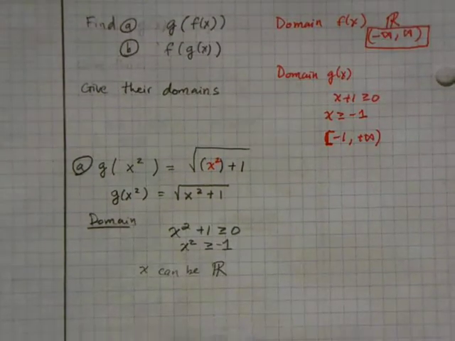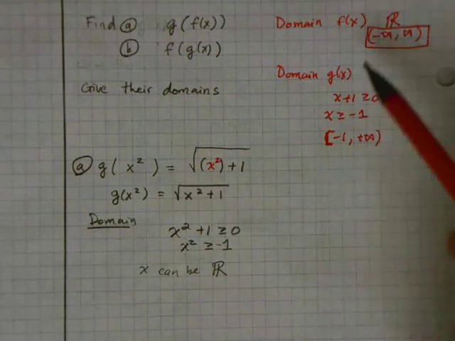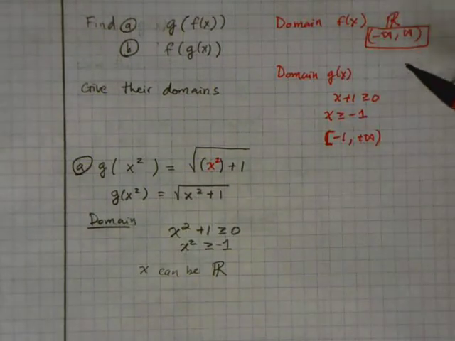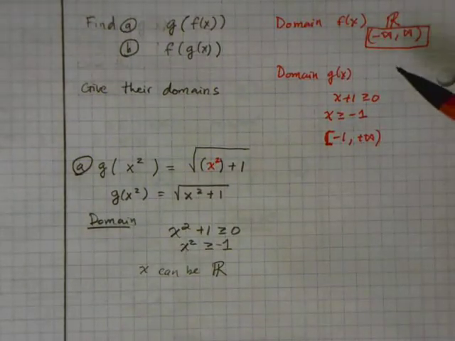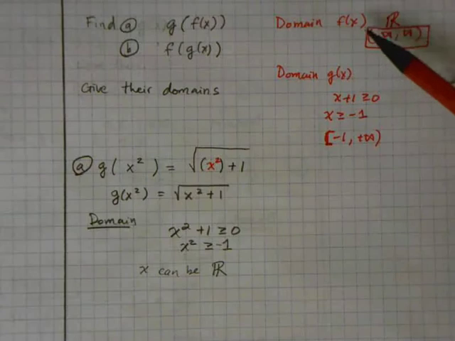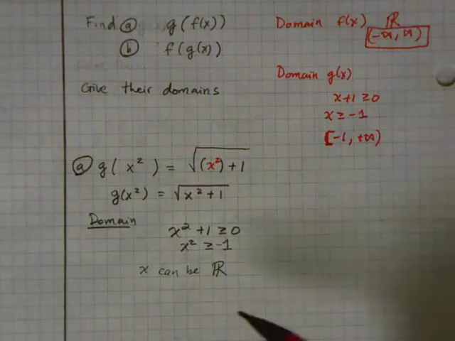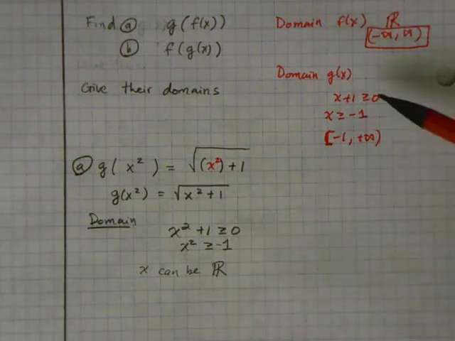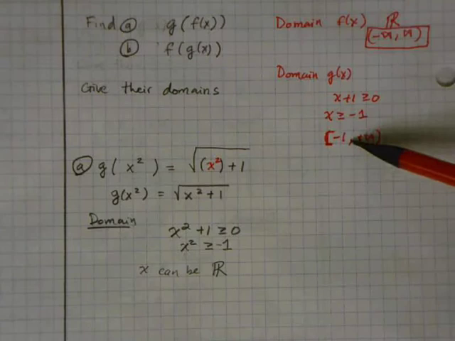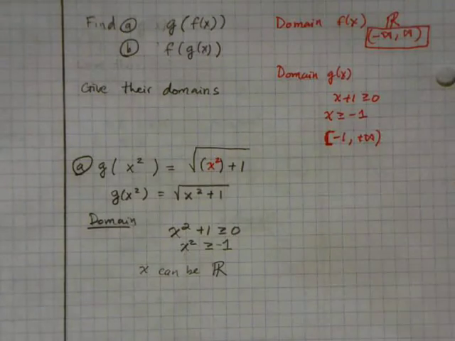Okay? So it would seem that our domain here is all real numbers, but we have to go back and look at the original functions. We have to go back and look at g of x and f of x. Okay? And again, we have to use the domain that's the most restrictive. We can't just make it all real numbers when it was originally from -1 to positive infinity. Okay?